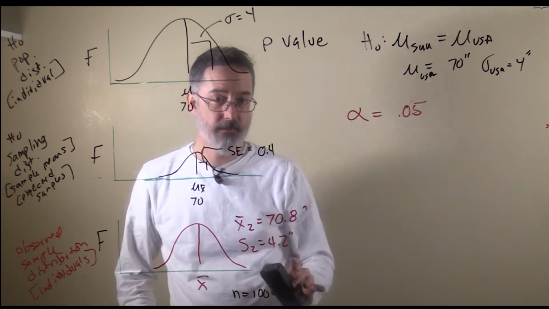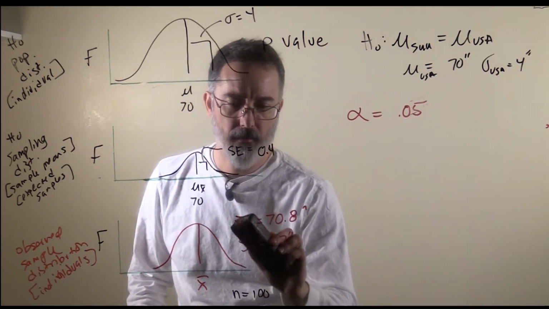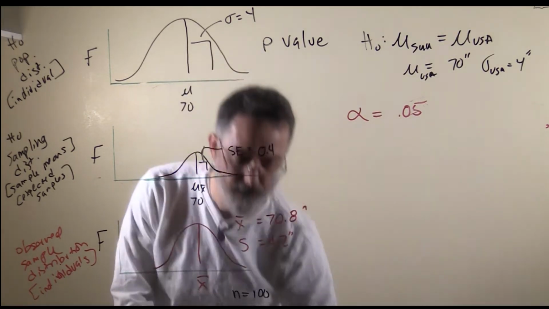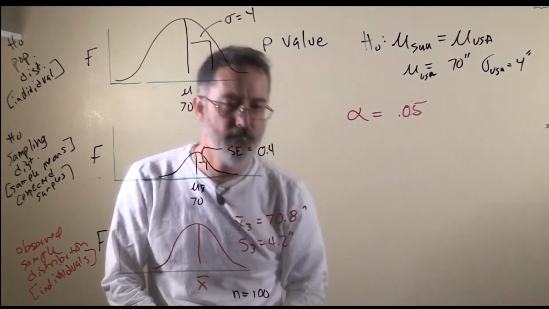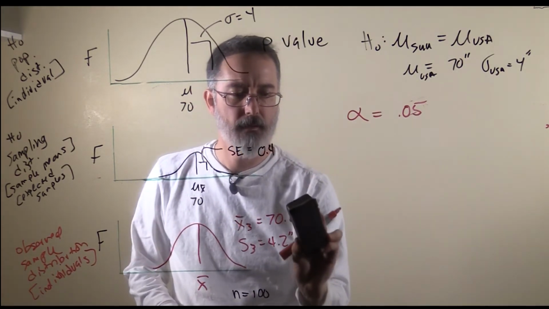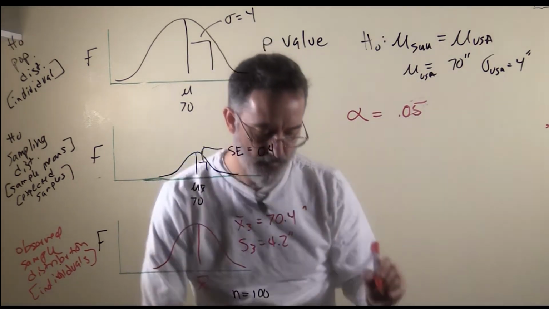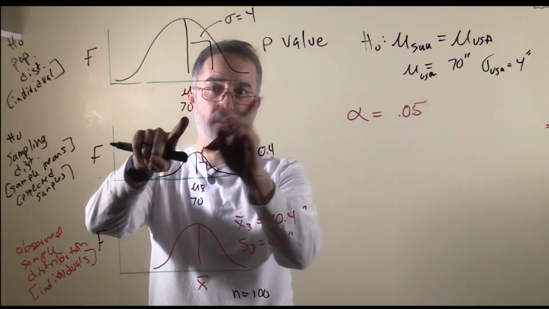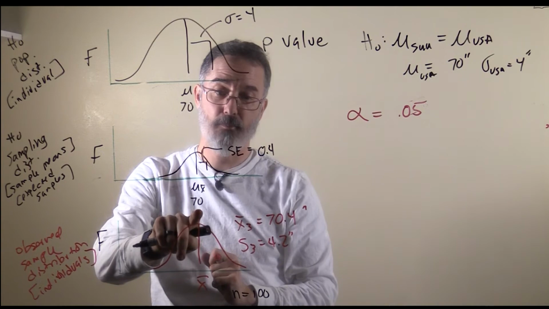So I want to do a third example of calculating a p-value. So I'm going to call this sample 3. And I'm just going to switch this mean over a little bit. 70.4. So notice each time I've switched these sample means, I've drawn them in closer and closer to the population mean, and therefore the mean of the sampling distribution.